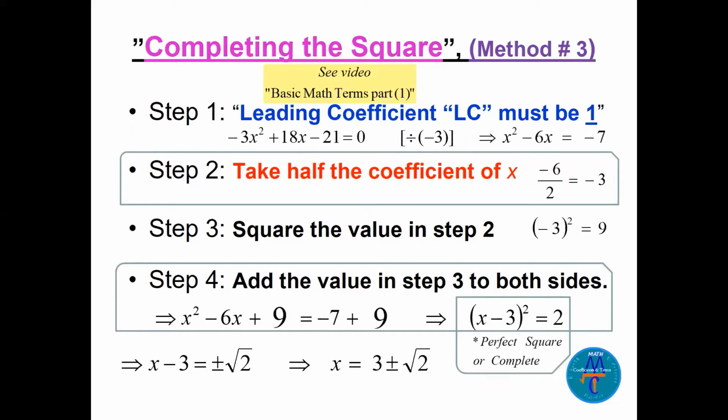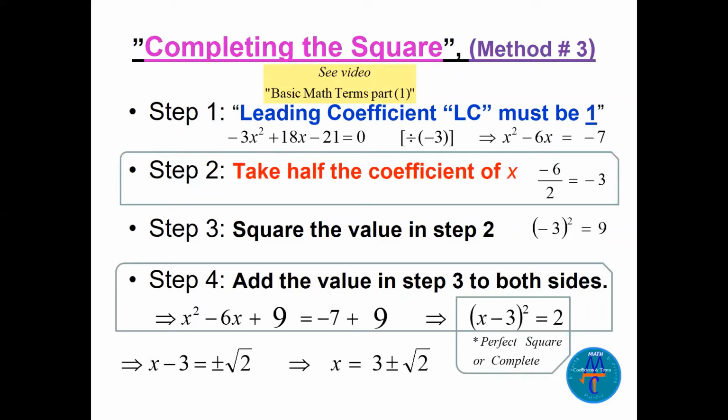Completing the square. To complete the square, you have to use the term leading coefficient, LC. You can see the video on basic math terms, part 1, where I explained in detail what a coefficient is and what a leading coefficient is. The leading coefficient is the coefficient of the x squared.